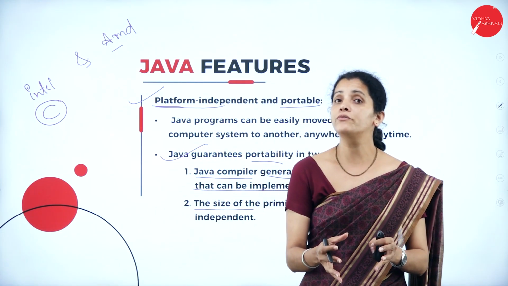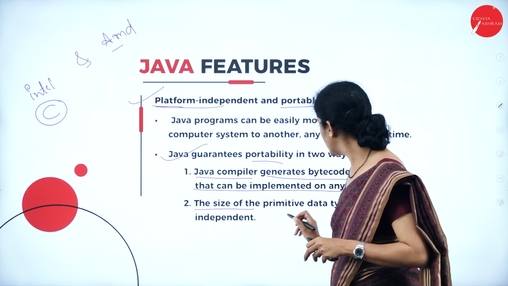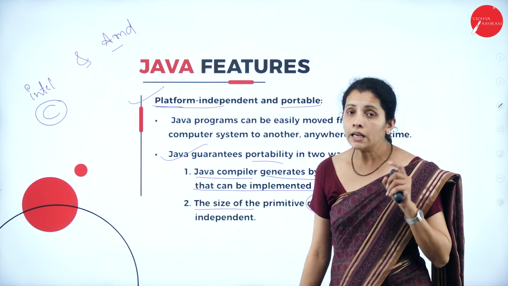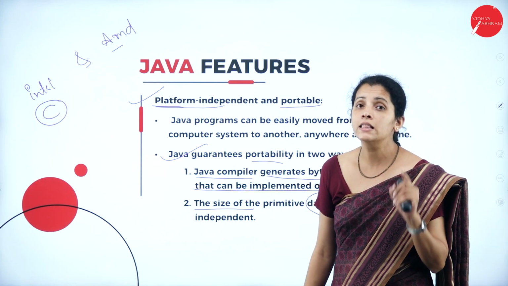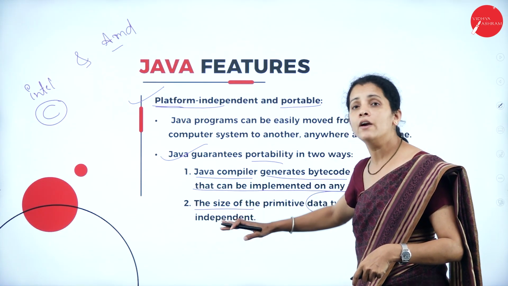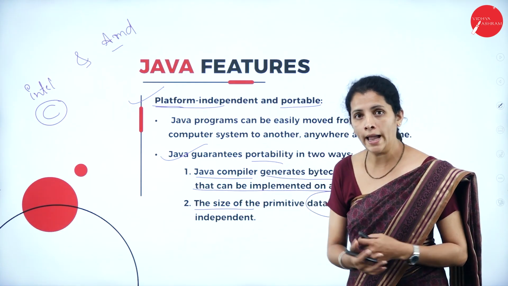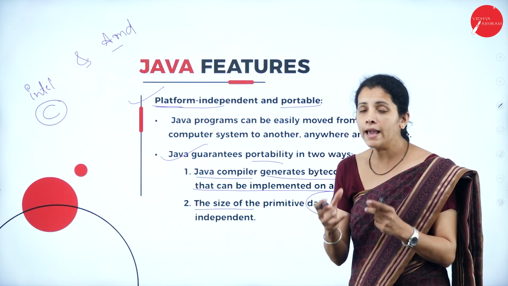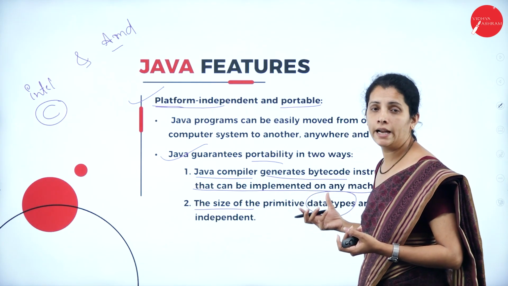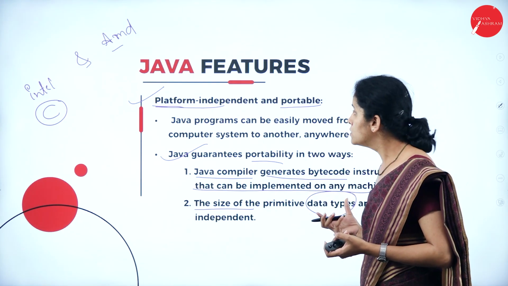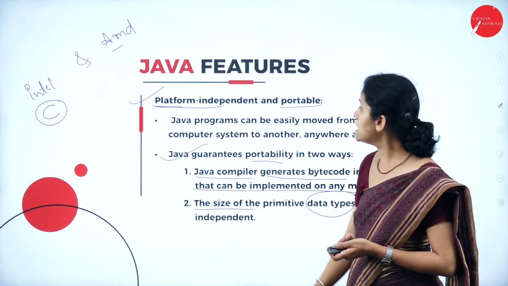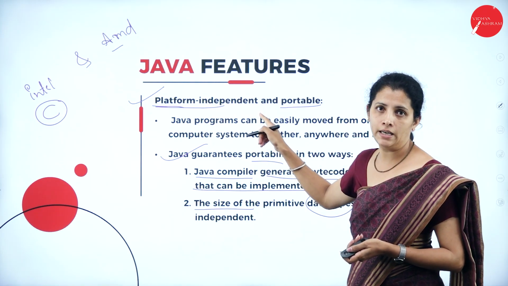What is the meaning of data type here? It is the type used to identify a particular kind of data, and it would vary from one system to another, based on the system configuration. For these two things, Java is known as platform independent.